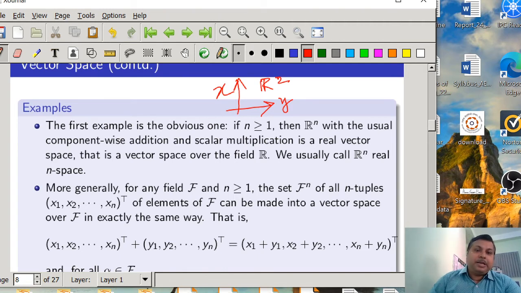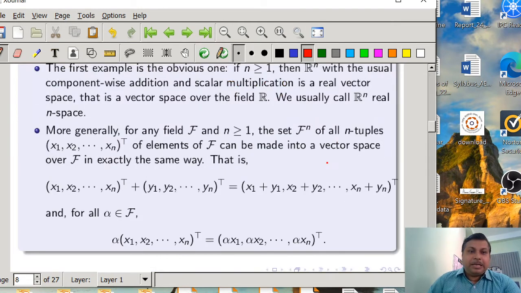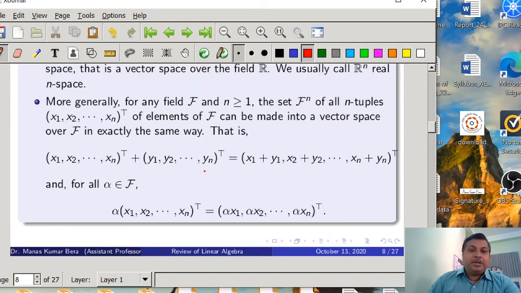So that's why next it has been stated that, more generally, for any field F and n greater than or equal to 1, the set Fn of all n-tuples, that is (x1, x2, ..., xn) transpose of elements of F, can be made into a vector space over the field F in exactly the same way. You can verify whether it is closed under addition or not.